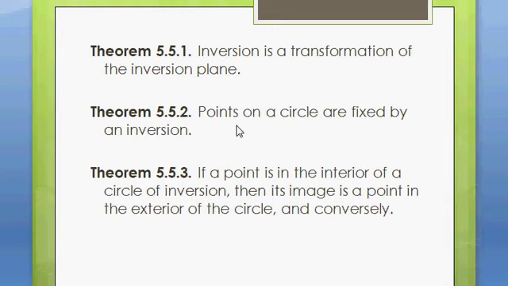Points on the circle are fixed, because AC times AC is going to be r squared, so C prime equals C. And then, as I just pointed out, if the point's in the interior of the circle, then AC is less than the radius, so AC prime is going to have to be bigger. The point's going to have to be outside the circle, and then the converse. If C is outside the circle, AC is bigger, so AC prime has to be smaller and has to be inside the circle.